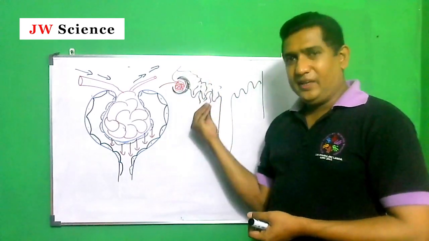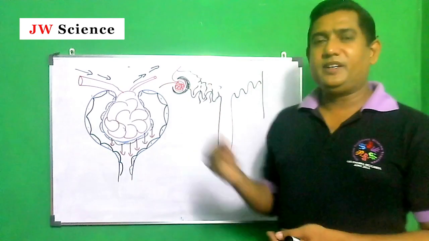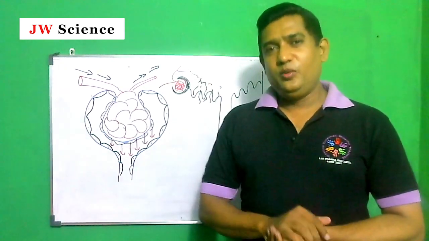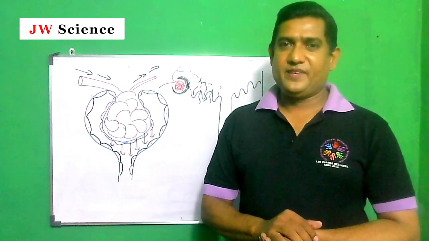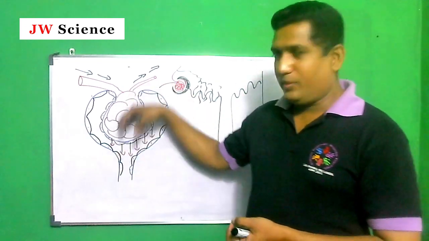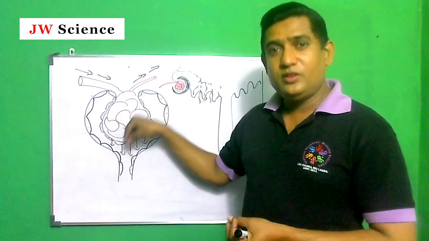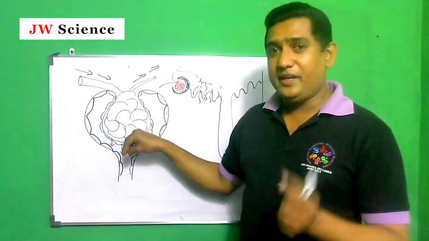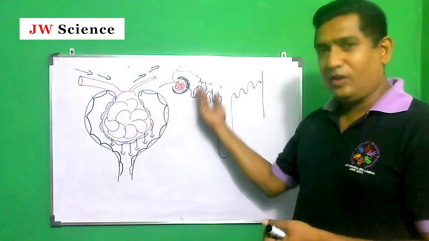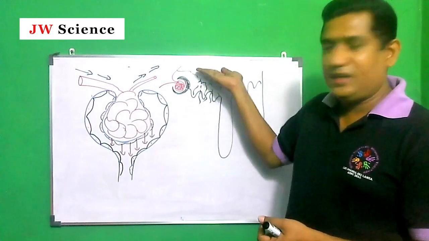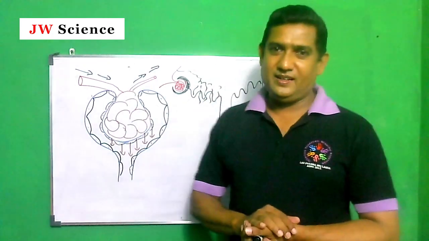So this capillary net can selectively reabsorb almost 90% of water in the glomerular filtrate. Because the glomerular filtration rate per minute is 120 ml, 90% of the glomerular filtrate will be reabsorbed into the bloodstream again, right?